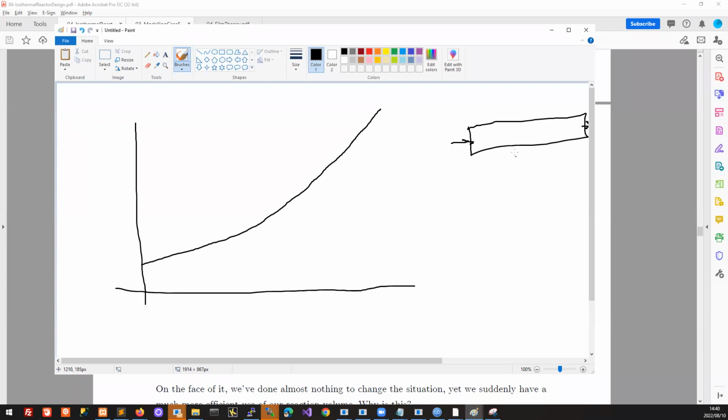In plug flow, you are requiring everything to flow as plugs. A much more natural thing for us is to have a series of CSTRs. So what happens when we use a series of CSTRs instead of one big CSTR? Is it better or worse?